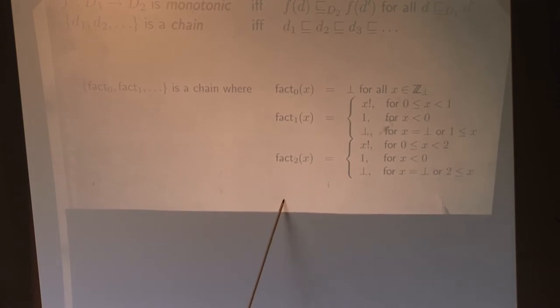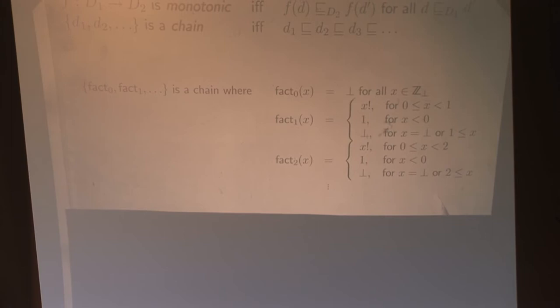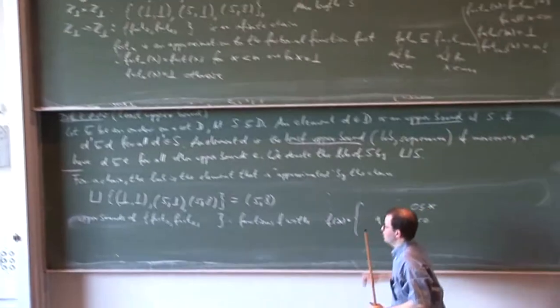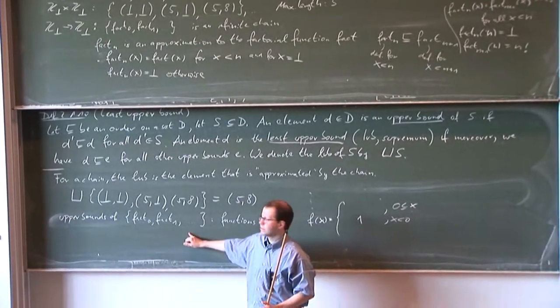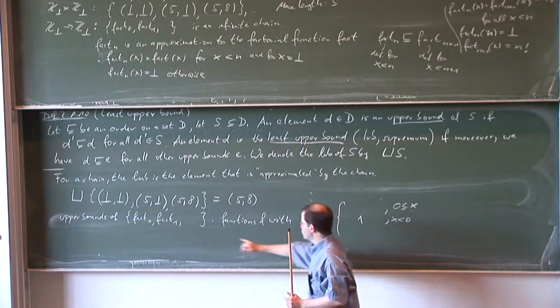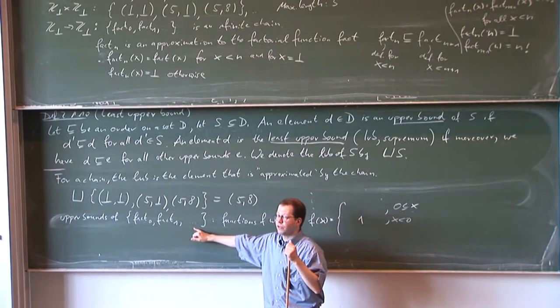Fact 2 is defined for 0 and 1, but undefined for bigger numbers. The next one is defined for 0, 1, and 2. The next one is defined for 0, 1, 2, and 3, and so on. So, for every x, we find a function in there which is defined on x. For every positive x, we find a function there which is defined, and it will compute the factorial of x.